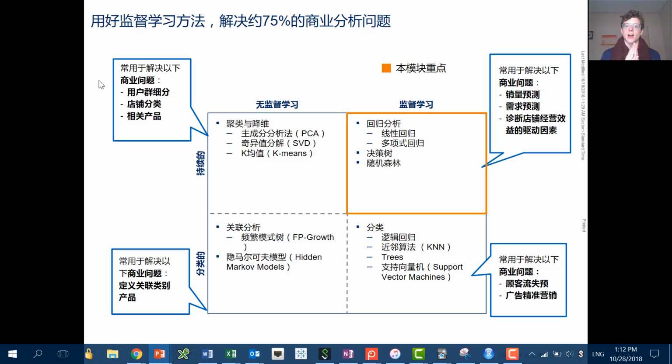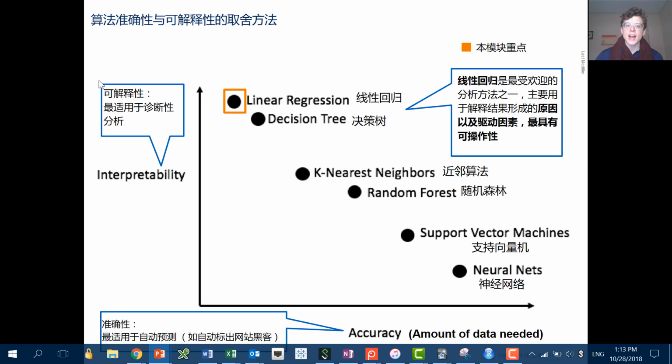Continuous meaning that you're predicting a range of values. So that could be income, that could be number of people, that could be the number of stores which will be affected by a hurricane. Who knows? Anything that's continuous. And linear regression is a more interpretable method that doesn't require too much data.